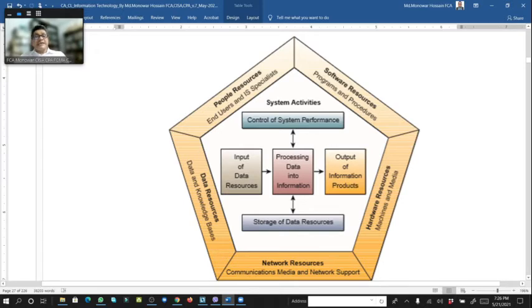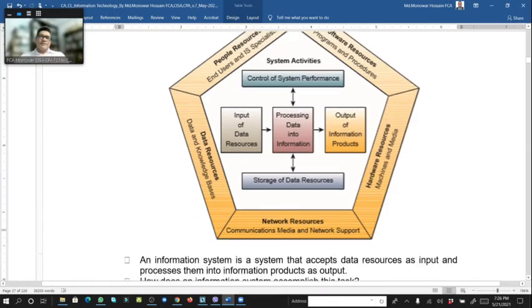System activities are input, processing, output, storage, and control. With the support of people, software, hardware, network, and data resources, the system works within the organization and within its environment this way.